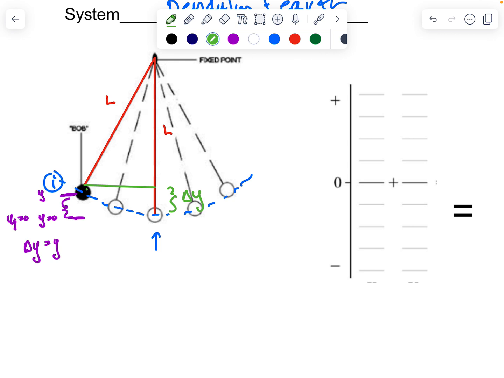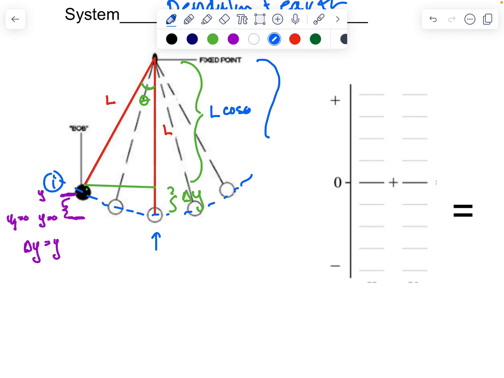That's what we need to figure out. So if this is our pullback angle right here, and this full thing is the length of the pendulum, I need to figure out this part, so I just need to subtract this part from here. This piece right here is L cosine theta.